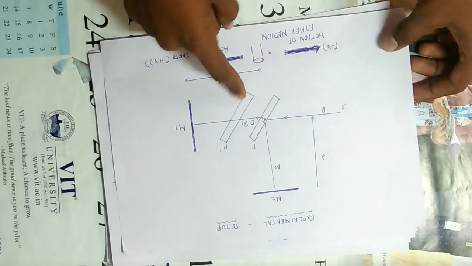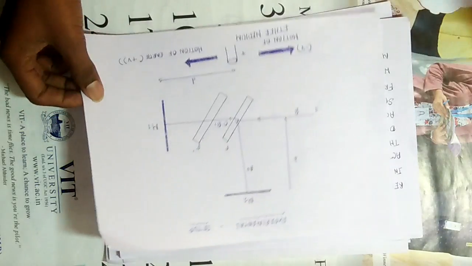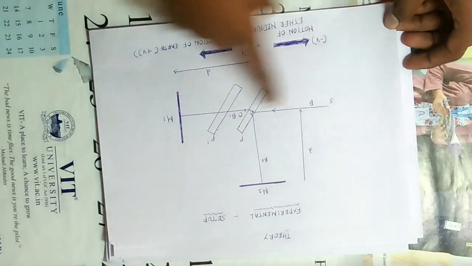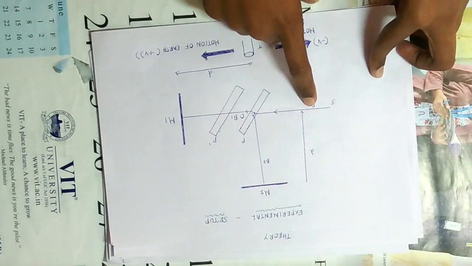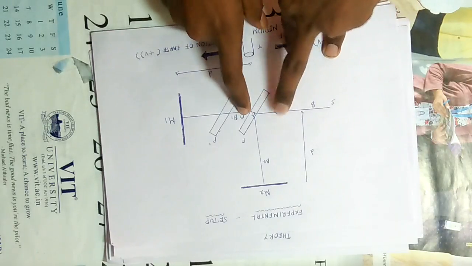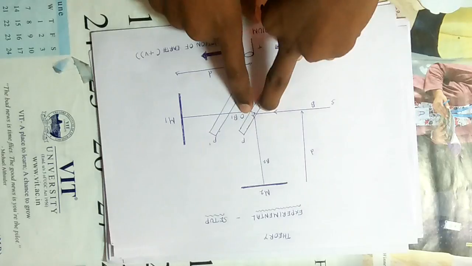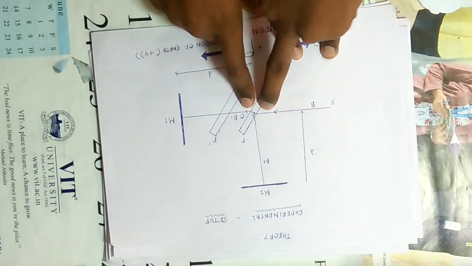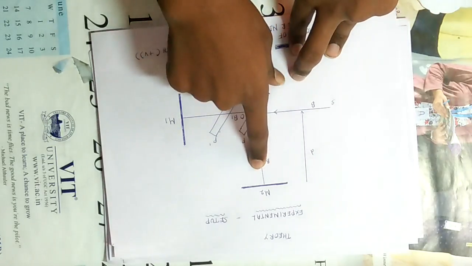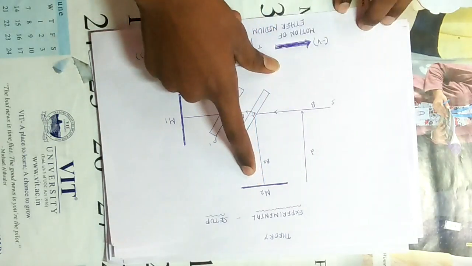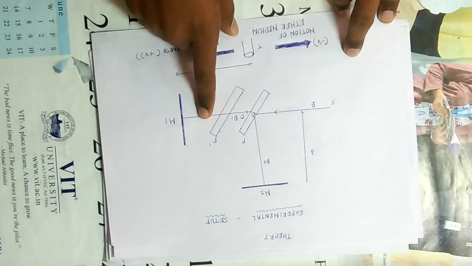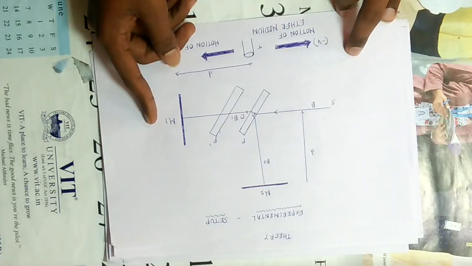Let us see how to perform this experiment. The source of monochromatic light emits beam B, which is incident on plate P. It strikes plate P and is partially reflected. The part of the beam B2 goes to M2 and the part of the beam B1 is transmitted through P dash and reaches the mirror M1.